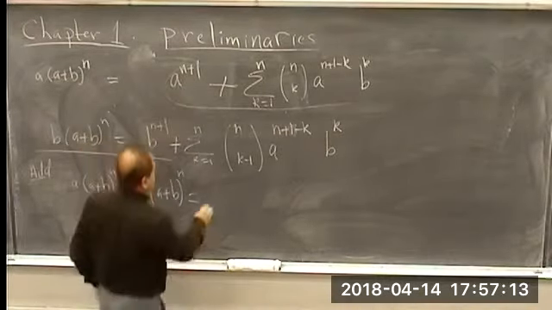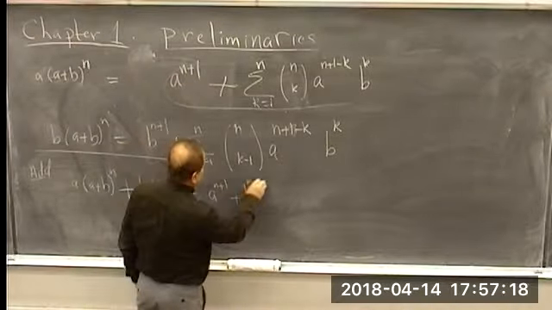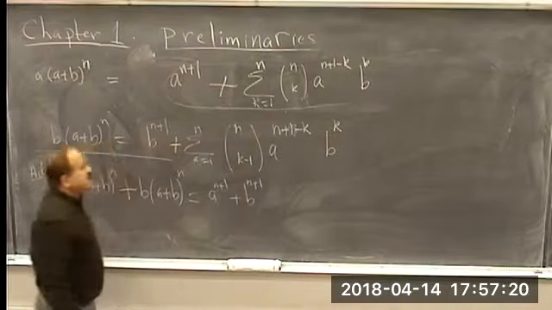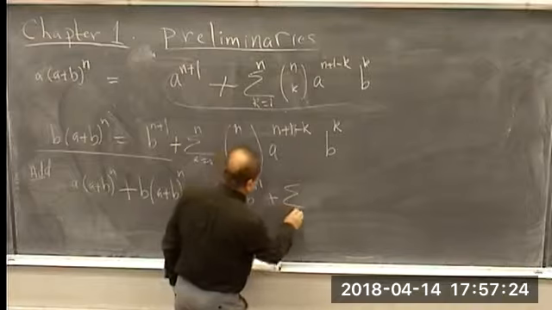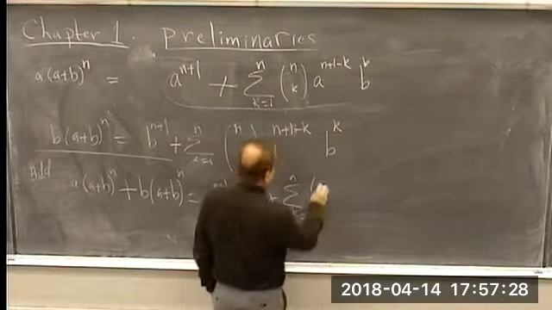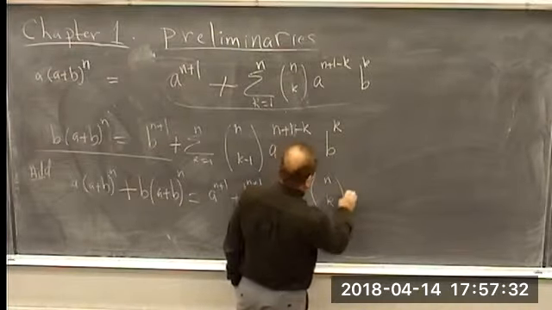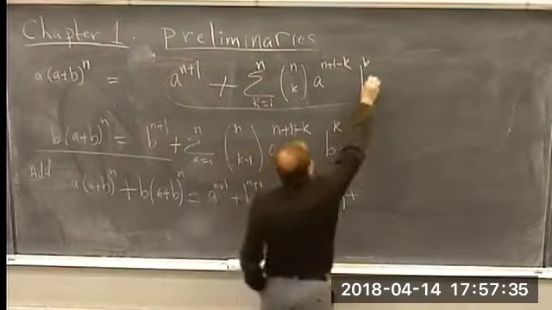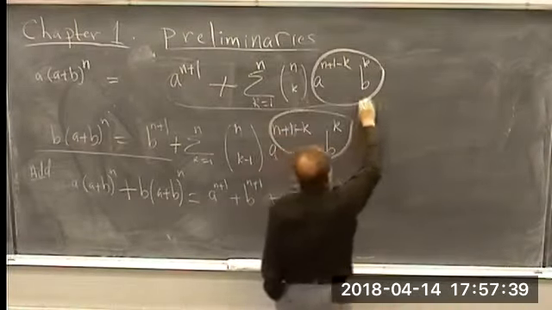So this becomes a to the power n plus 1 plus b to the power n plus 1, and then the summation plus k equal 1 to n, and then we have binomial n k plus, remember that this and this are the same.